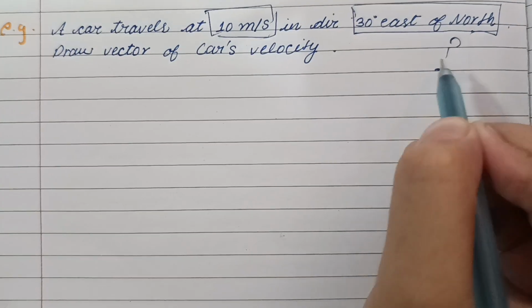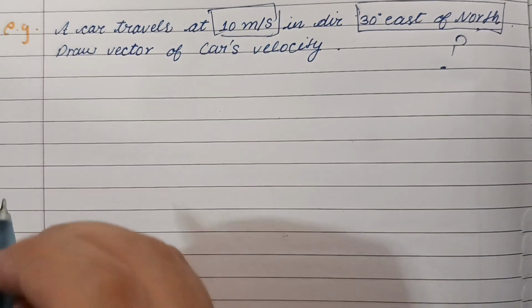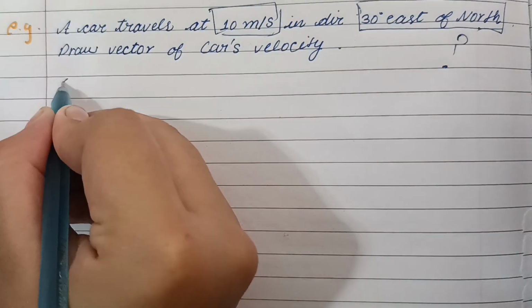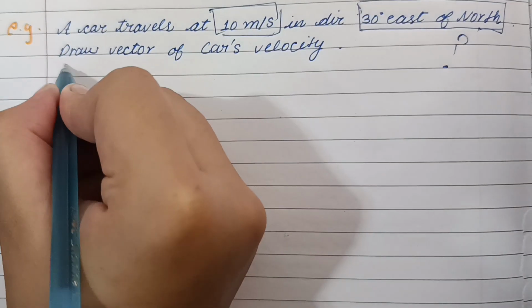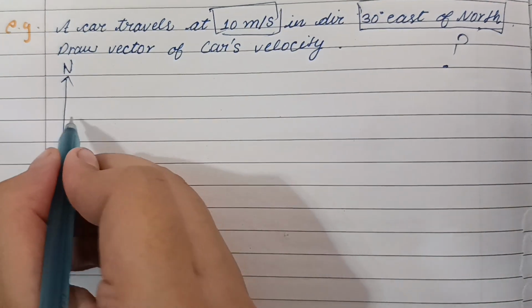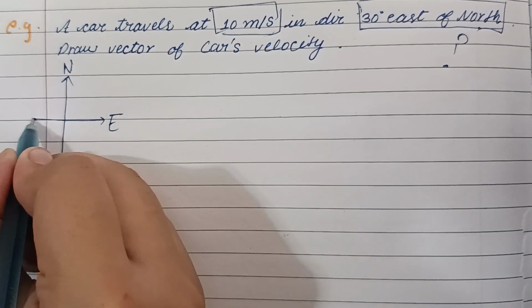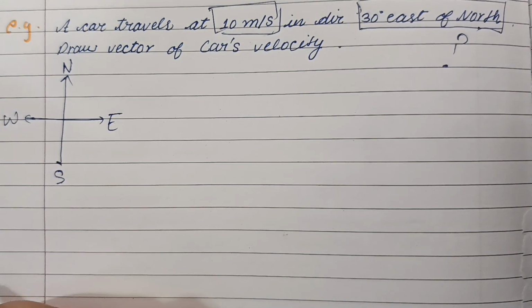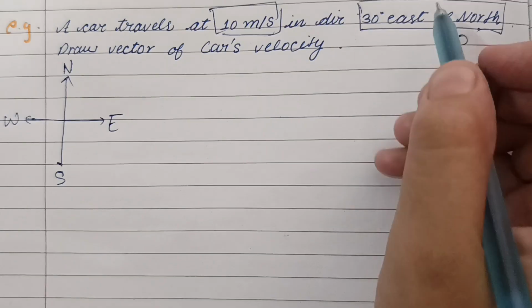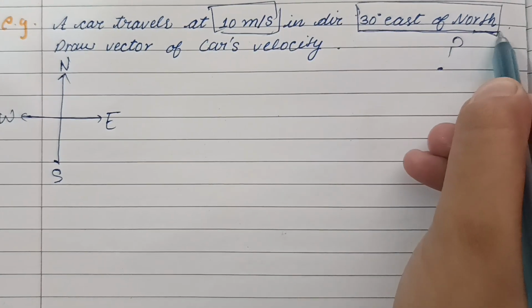What is this? Let's figure it out. From basic directions we know that this is north, south, east, west. So in the question it is given 30 degrees east of north.